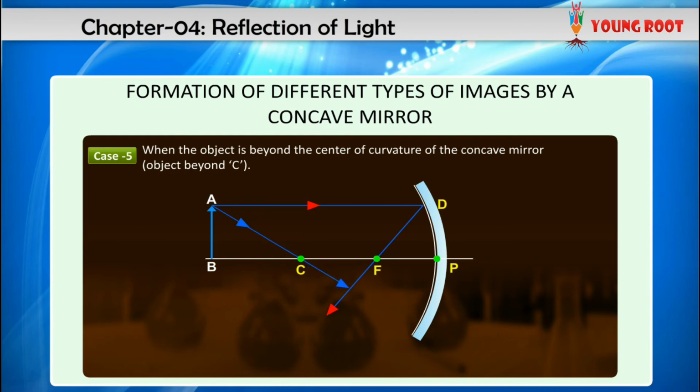A second ray of light AE passing through the center of curvature falls normally on the mirror surface at E and returns along the same path. The two reflected rays intersect at A dash. Thus, A dash is the real image of point A of the object. To get the complete image, we draw A dash B dash perpendicular to the axis.